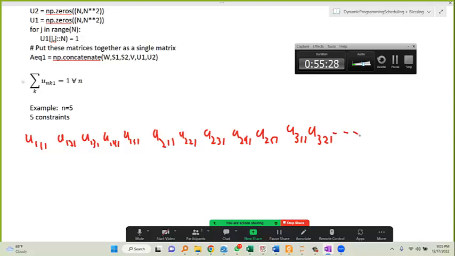So what about the first constraint? Like we had the first one where we had U11 to be 1. When n equals 1, what does that summation expression give you?